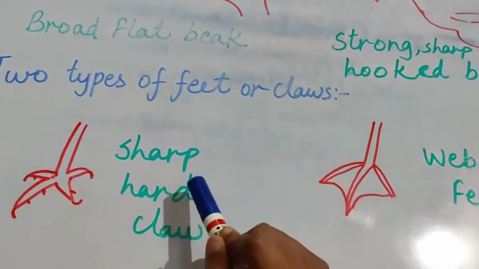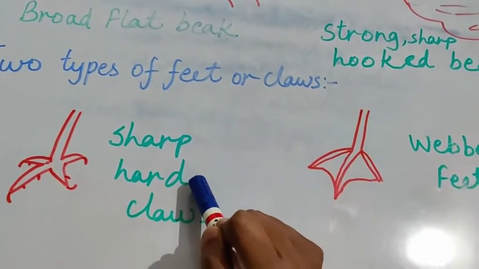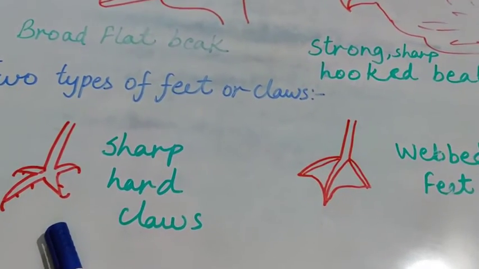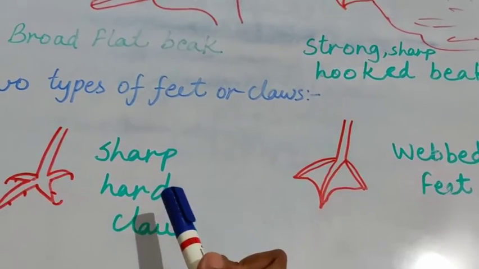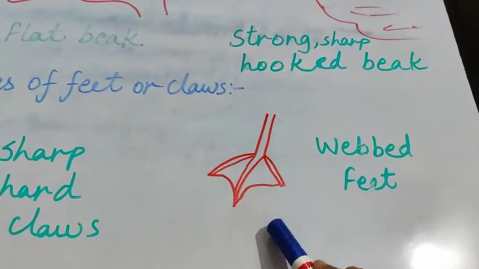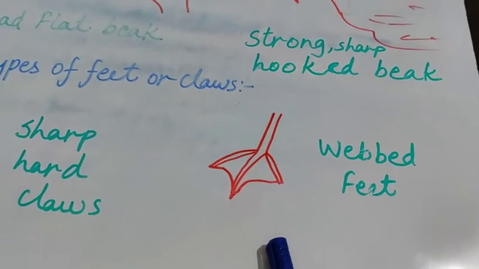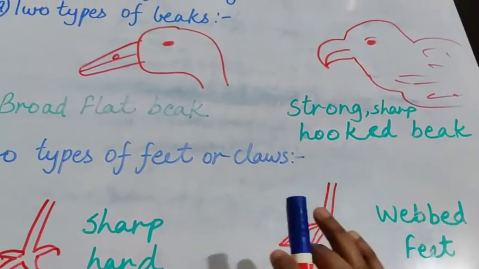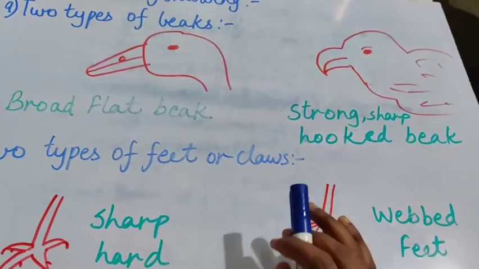See children, here you have to draw two types of feet or claws. I have made sharp hard claws like those scratching birds have, and here I have made webbed feet. In this way you can make drawings of these beaks and claws.